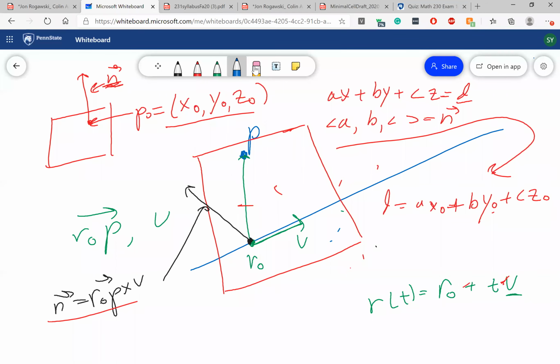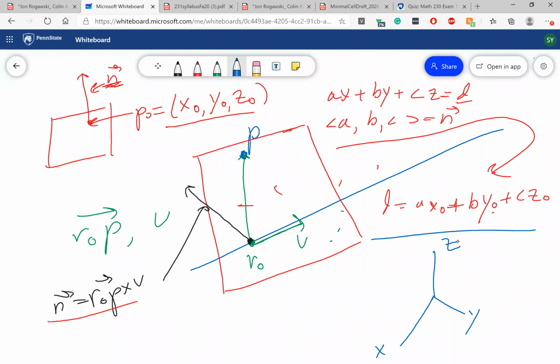So here's your coordinate system, X, Y, and Z, and you're given 3 points, P, Q, and R. You find the vector PQ and the vector PR, and then you take their cross product, and that gives you the normal vector of your plane, and then you can choose P to be P0.